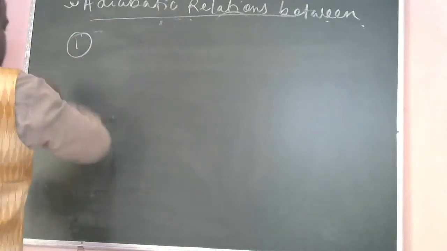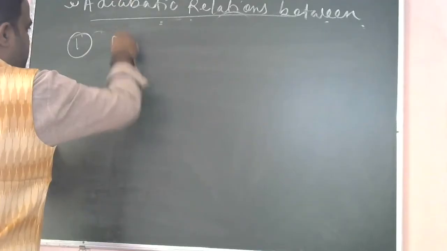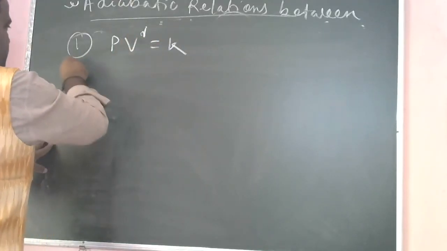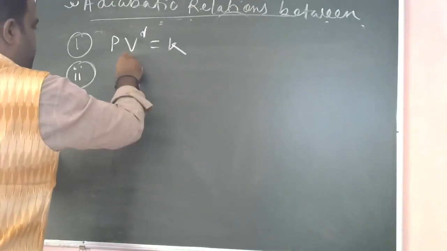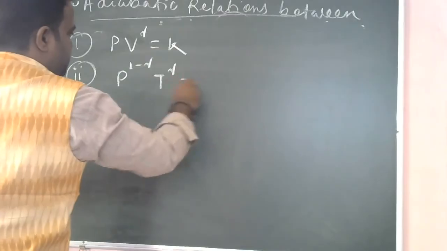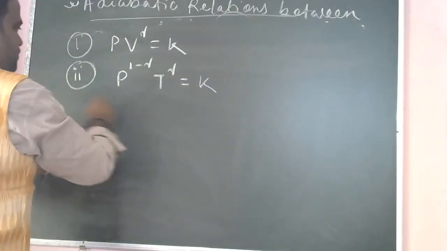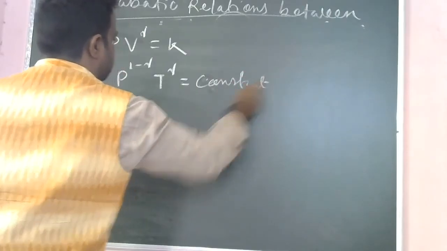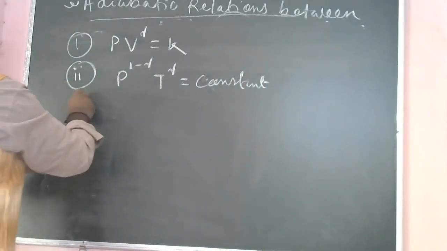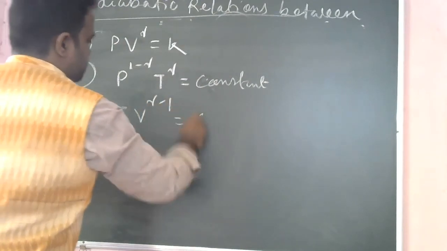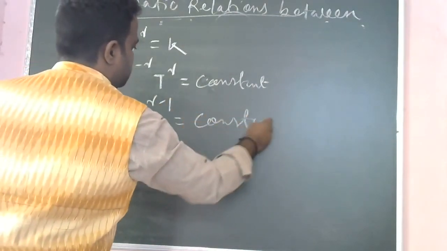The first one is PV to the power gamma is a constant. The second one is P to the power 1 minus gamma T to the power gamma is another constant. The third one is T V to the power gamma minus 1 is also a constant.